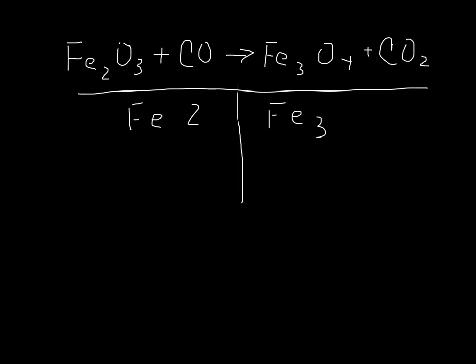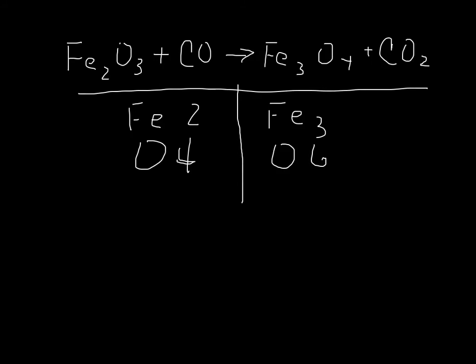On the reactant side, we have 4 oxygens. And on the product side, we have 6 oxygens. So that doesn't balance.